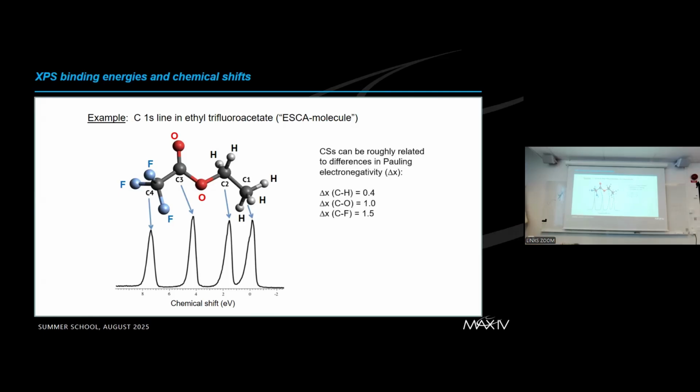And this is correlating more or less with the differences in electronegativity in these bonds, which is understandable. And again, this is mainly the initial state effect because the electron clouds are already distributed in the ground state like that. Of course, again, it is affected by the core hole. So the absolute shifts here cannot be calculated only in the ground state.